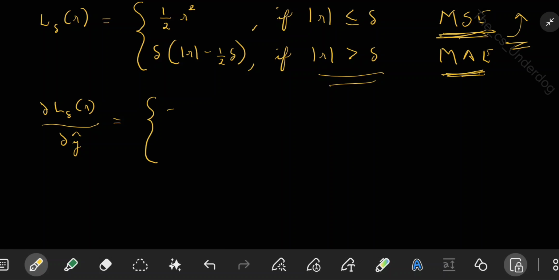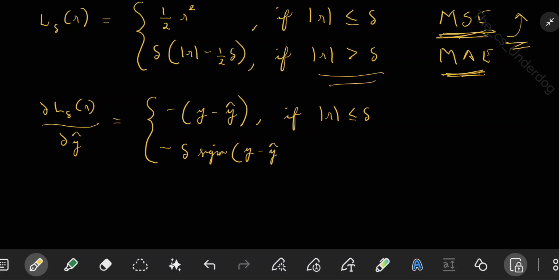First one is, so I'm directly writing here y minus y cap, similar to the gradient of MSE, if mod R is less than or equal to delta, and it will be minus of delta into sign of y minus y cap, if mod R is greater than delta.